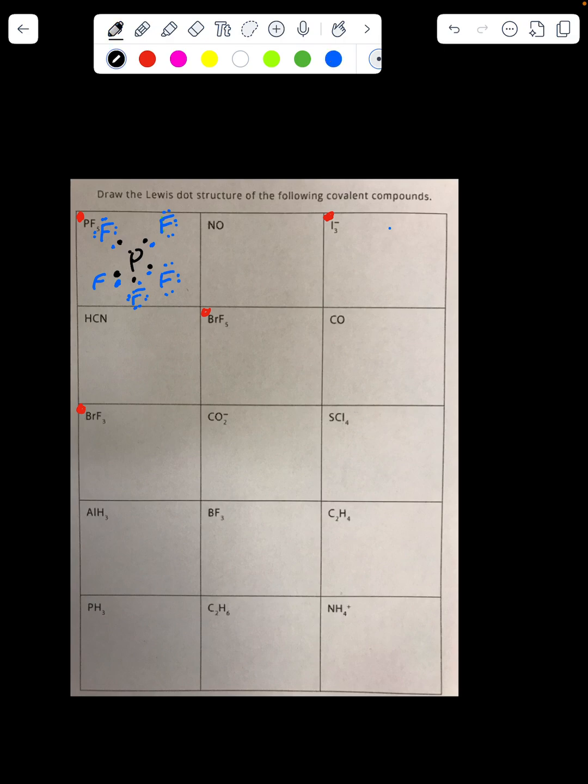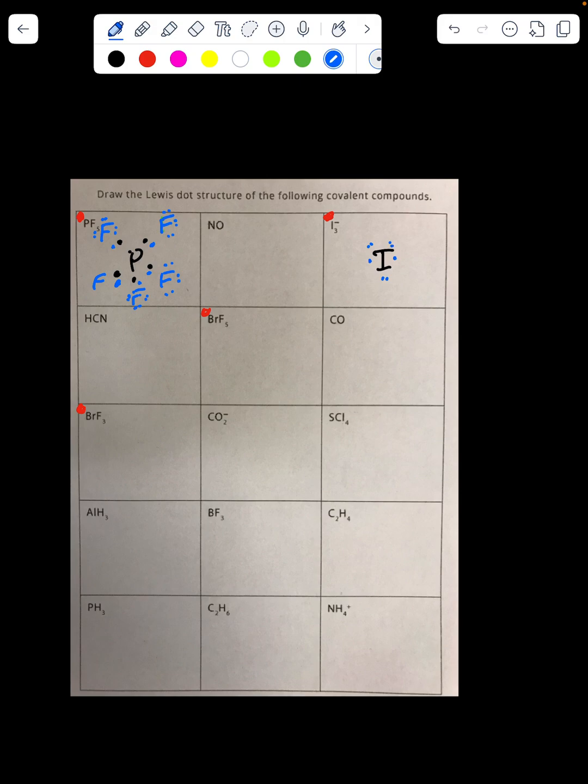This iodine way over here on the right also does the same thing. It's not iodine, it's iodide. It's actually like a triiodide. And this ends up forming like this. Now remember, iodide likes to have 7, so 2 are here, 3, 4, 5, 6.